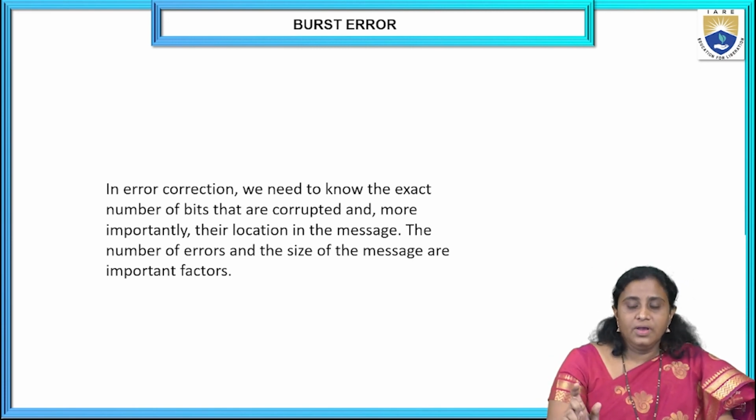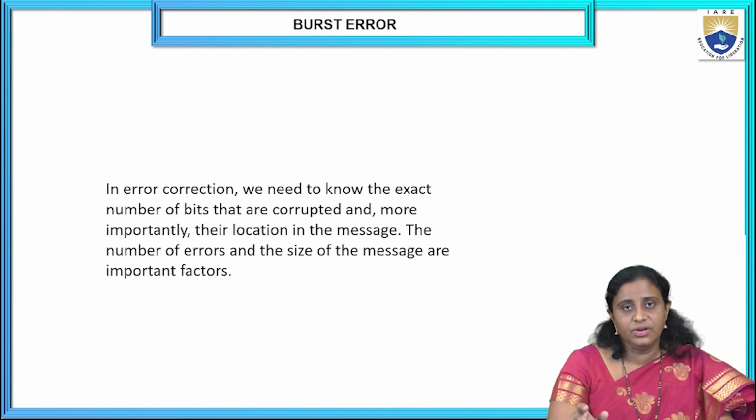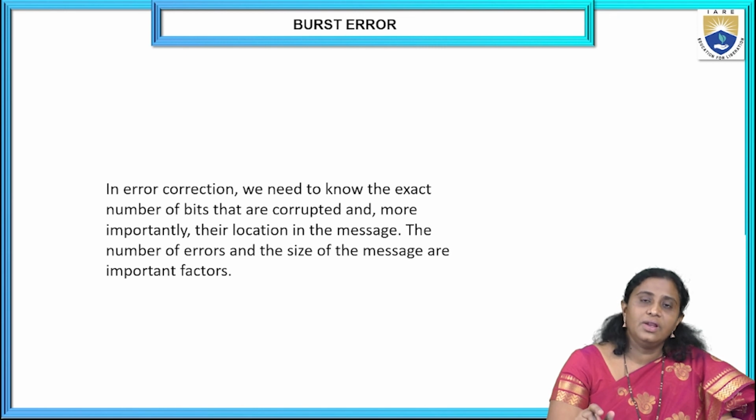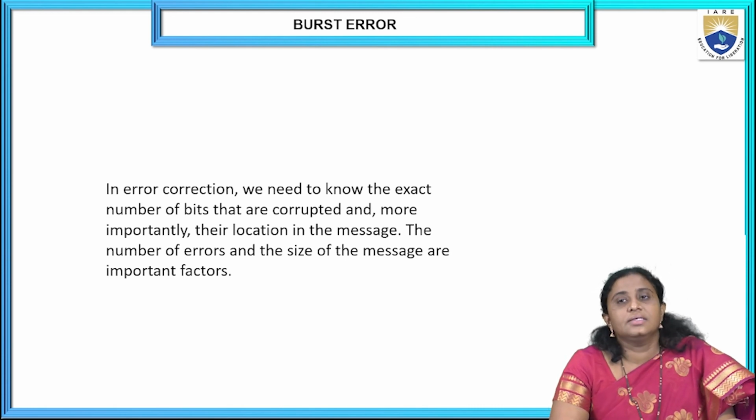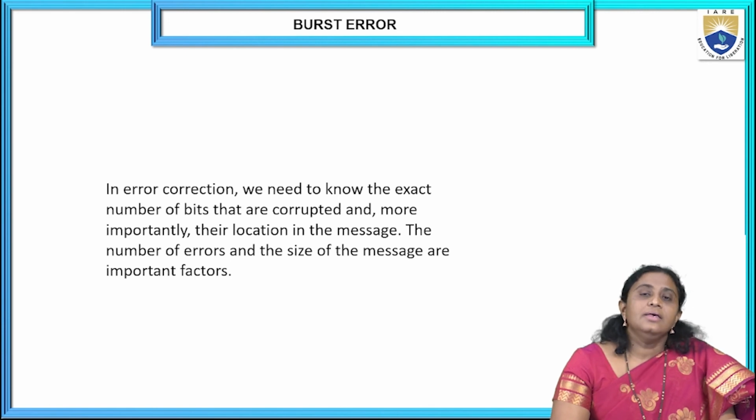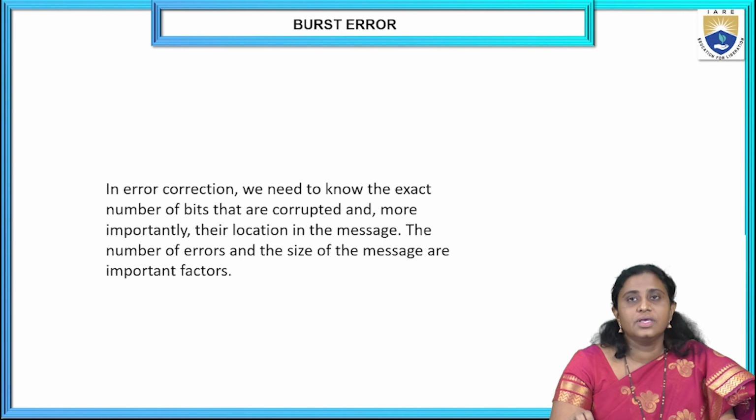That means when a bit is corrupted while transmitting the data, whether it is in the middle, at the start of the source, or at the end at the destination node, we need to identify the location of the data bit or data unit as it travels from one source to another destination. The number of errors and the size of the messages are very important factors in determining error detection and correction coding while we are working with burst errors and single-bit errors.